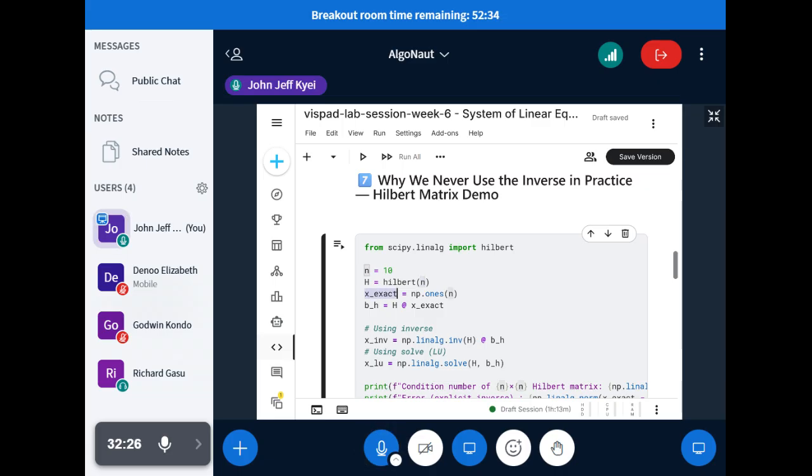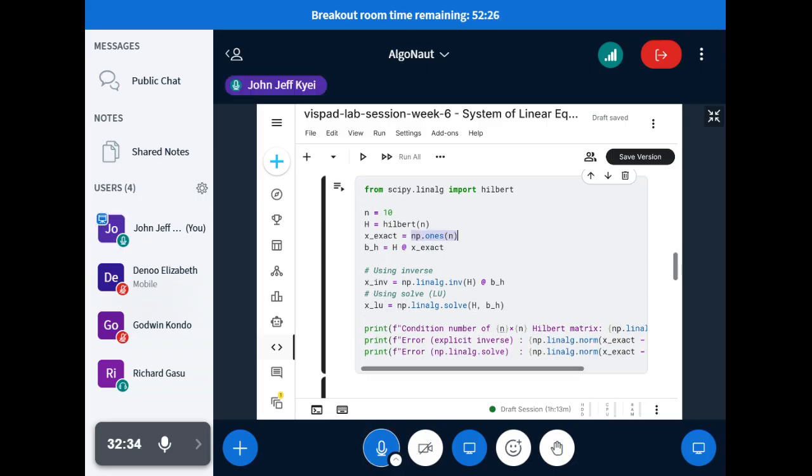We want the true solution vector to be all ones, and then we compute the right hand side, which is b. The equation is Ax = b, so b is equal to A times x. We already know our x values, and we want to find what b will look like with the Hilbert matrix.